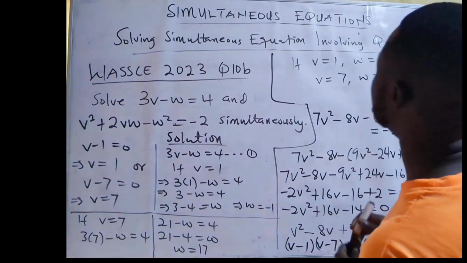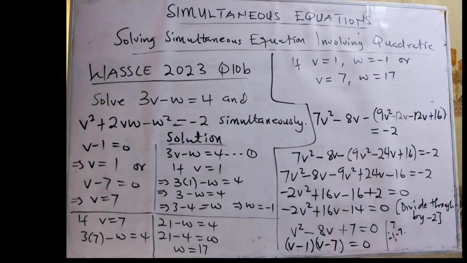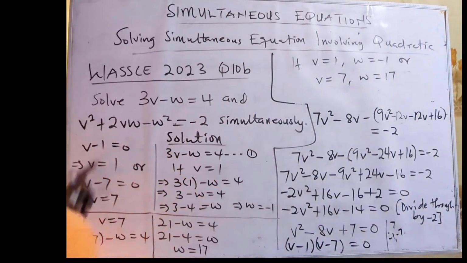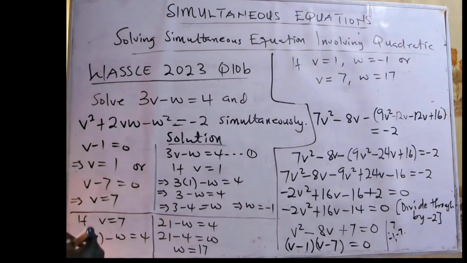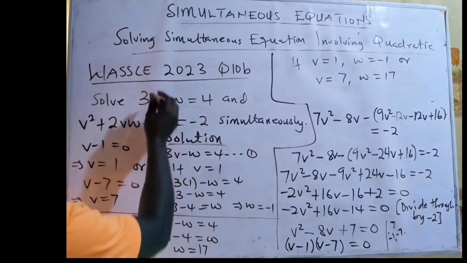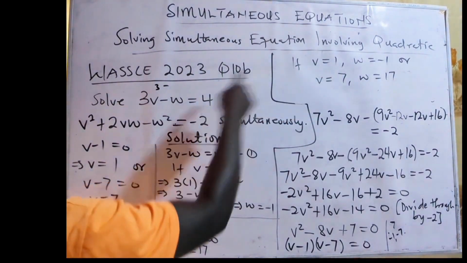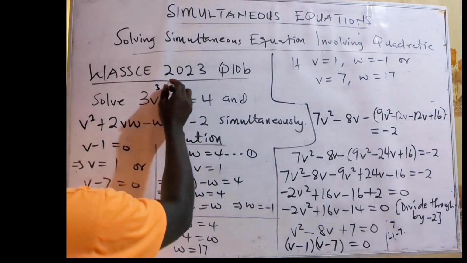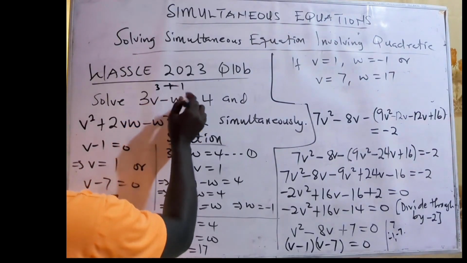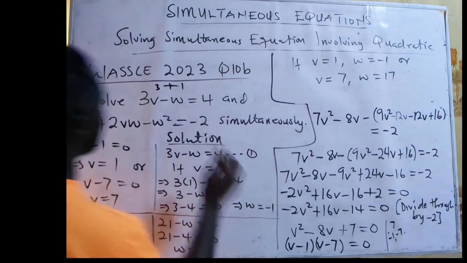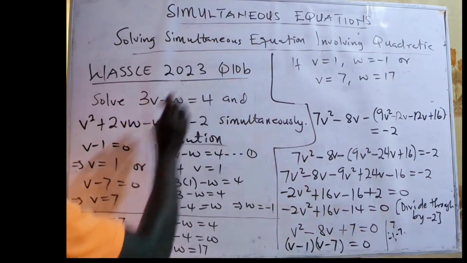So these are the two values, and we realize that when you substitute into the equation, it works perfectly. Let's try it in the first equation. If v is 1, 3 times 1 is 3, minus w, which is -1, becomes plus 1. 3 plus 1 gives us 4, so you see it is perfectly our answer.